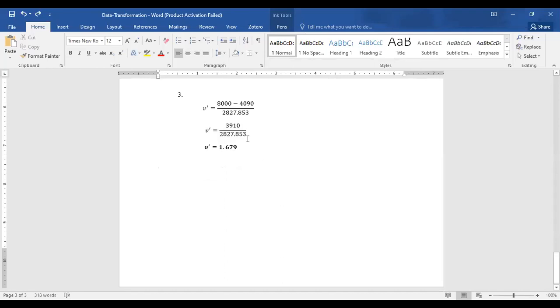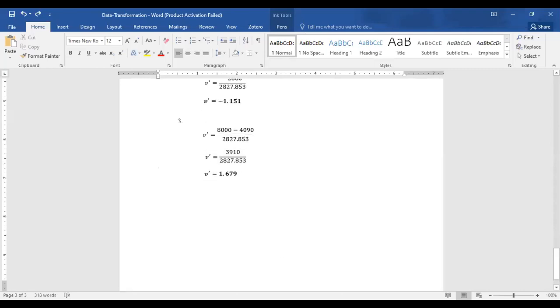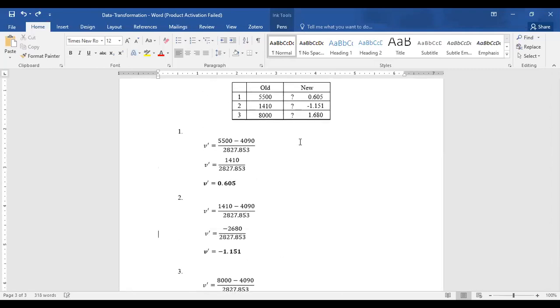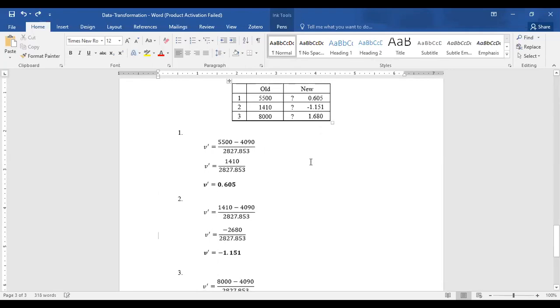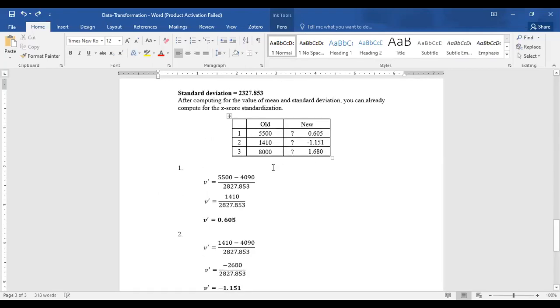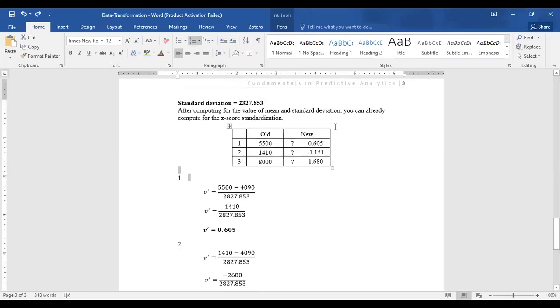So in here, the Z-score is 1.679. So that is our new value for 8,000, or we round it up to 1.6. So that is the Z-score.